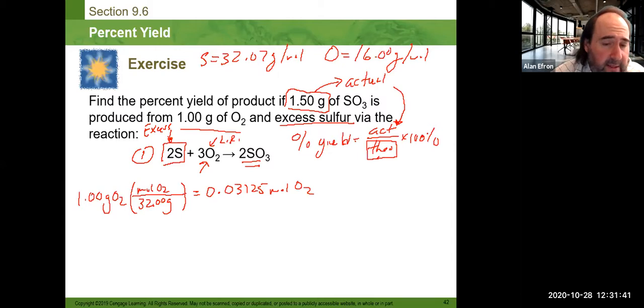We're now going to do our stoichiometry. And again, from the equation and the coefficients, we see that for every 3 moles of O2, we produce 2 moles of SO3. That's our stoichiometry part from the balanced equation. We're going to use that because we are interested in how much SO3 we would produce.